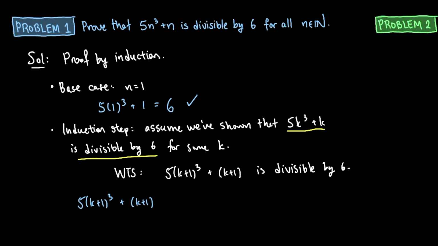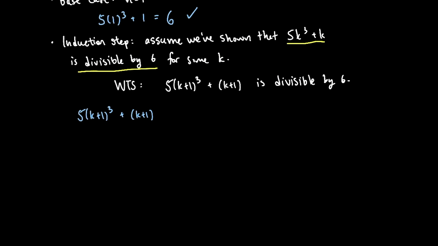Okay, so let's start by manipulating this thing, 5(k plus 1) cubed plus (k plus 1), and let's expand this cube. So I've got 5, and then some quick math, that's k cubed plus 3k squared plus 3k plus 1, plus k plus 1.